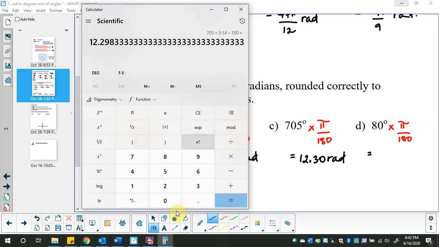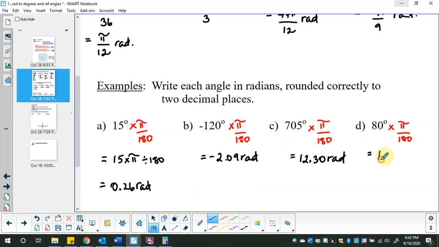Last one, 80 times pi, oh, I didn't get the 8. 80 times pi divided by 180 is equal to 1.40 rounded to 2 decimal places.